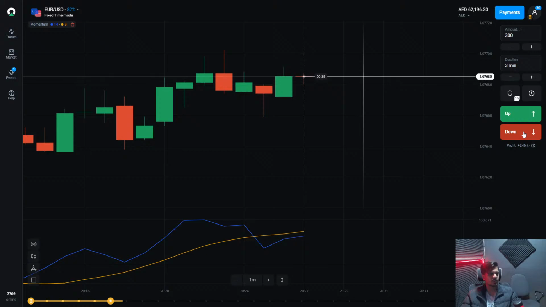It can also come back again to the downward, as it is moving downward right now. Here you can see, it is still moving in the upward direction. So I can make a downward trade here.